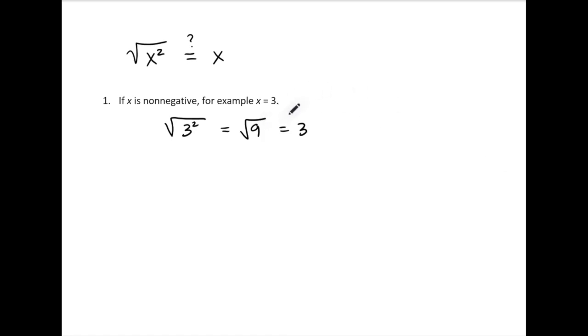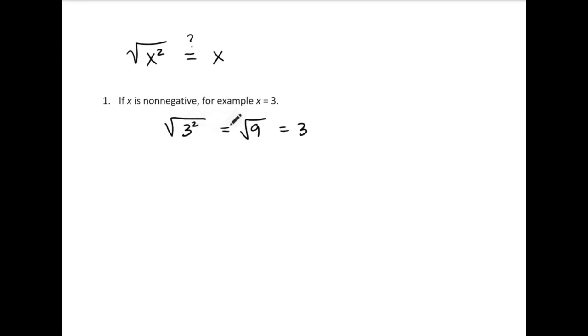And we know the square root of 9 is equal to 3. Remember, the square root symbol by itself is always the positive or principal square root. And you can see here that we started with x equal positive 3, and we ended with x equal positive 3. So the square root does cancel the square when the input value is positive.